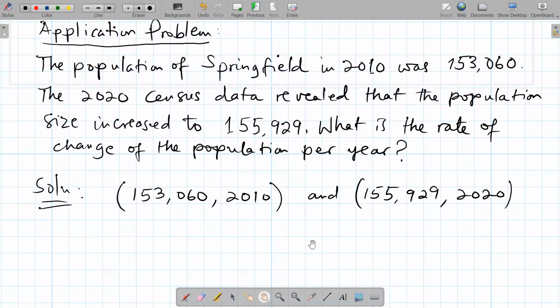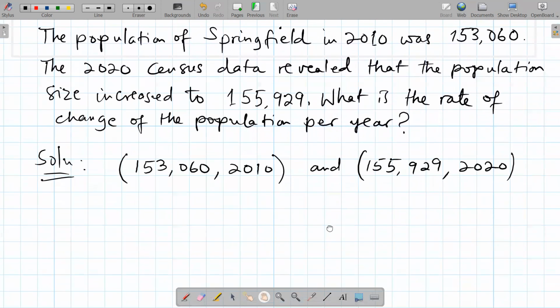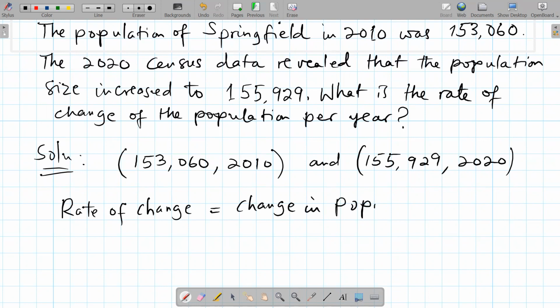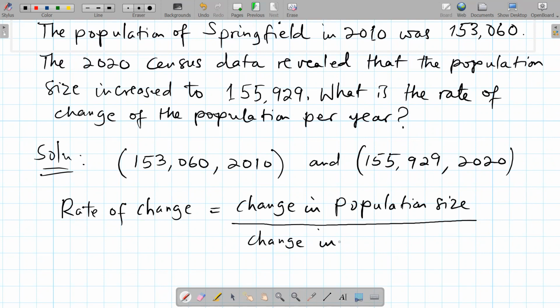Okay, so we want to find the average change of the population per year. Okay, the rate of change will just be the change in population size divided by the change in time or year.